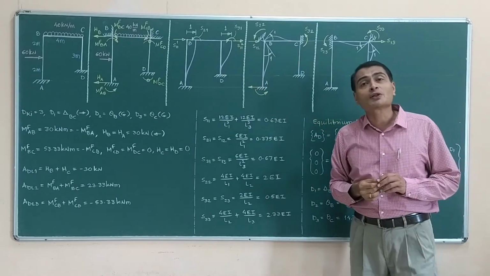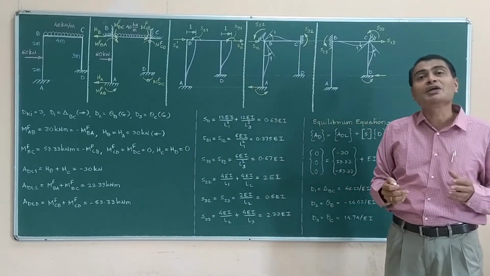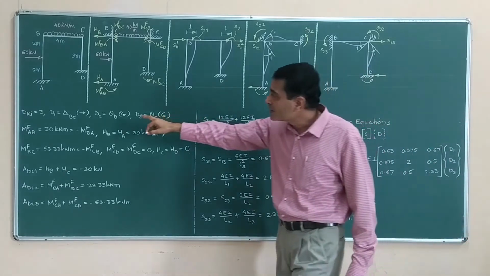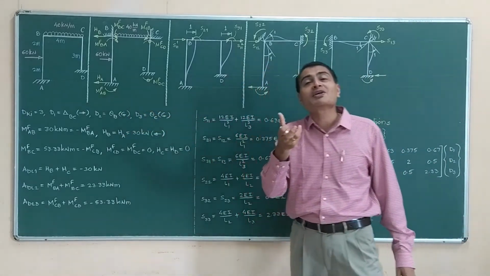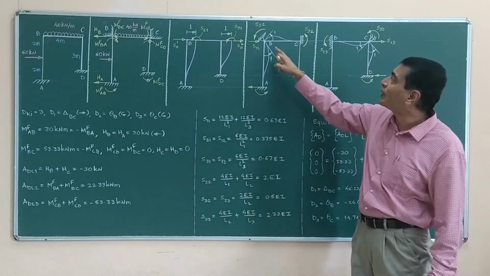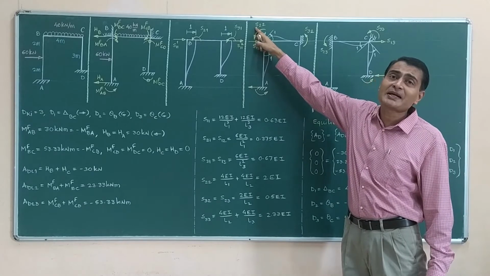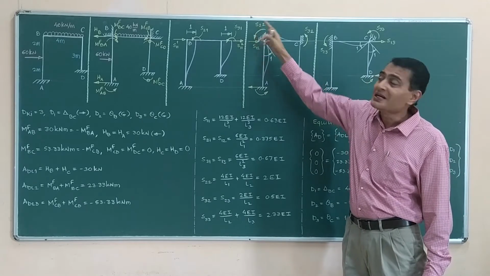Now we go to figure number 2, where we are giving unit rotation at B point. That is our D2, theta B. So we are imagining unit rotation at B point. Corresponding stiffness I will be writing as S22.